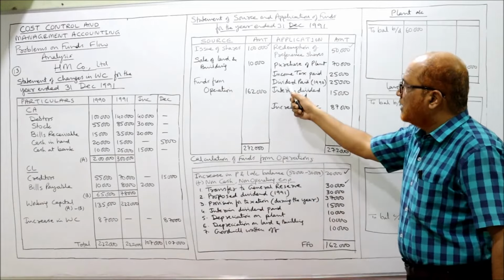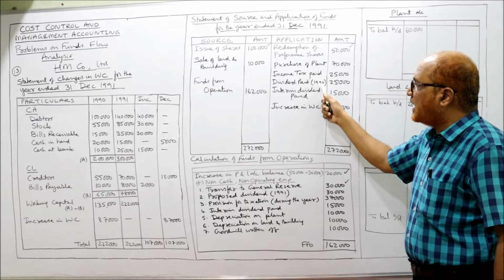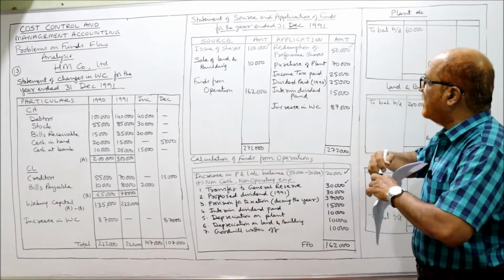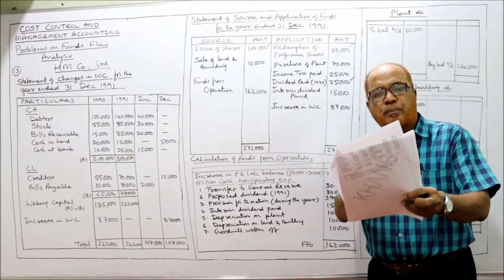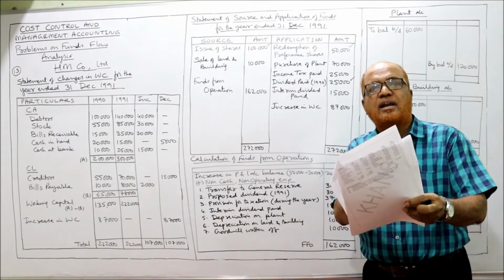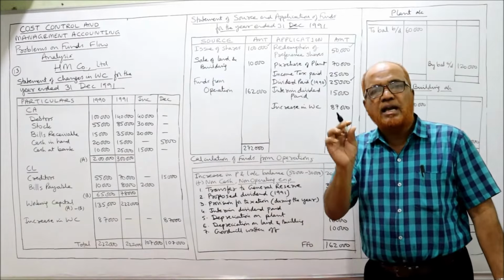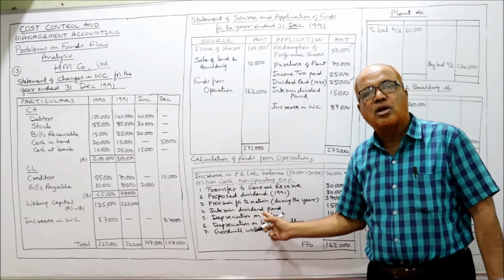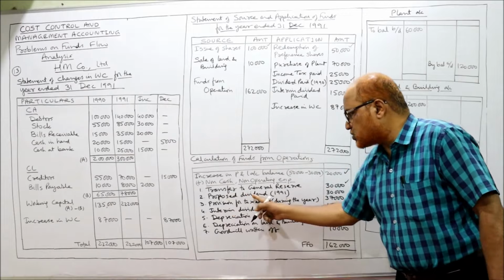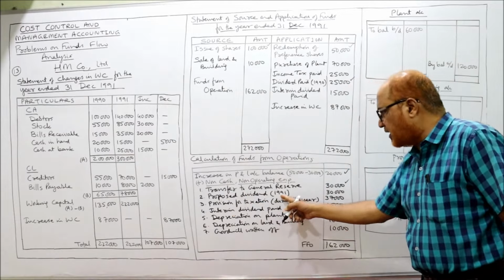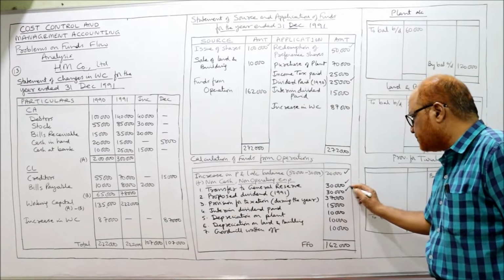So here you take dividend paid, last year, 25,000, and the proposed dividend of the current year is 30,000. This 30,000 should be taken as a non-cash item.